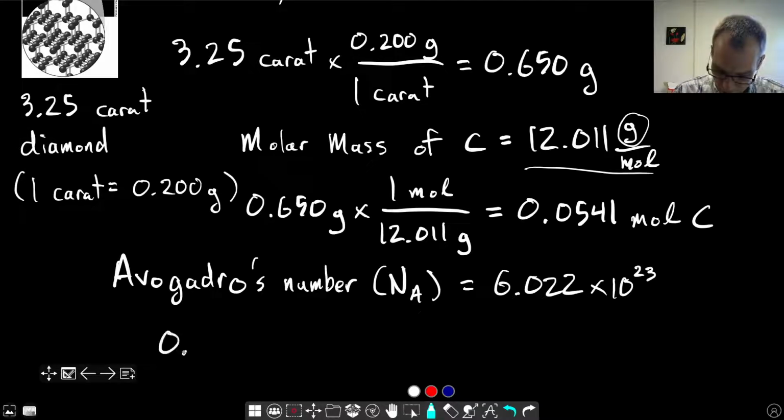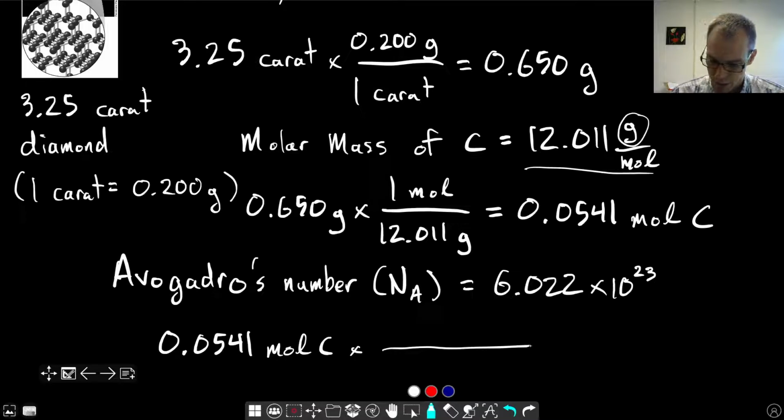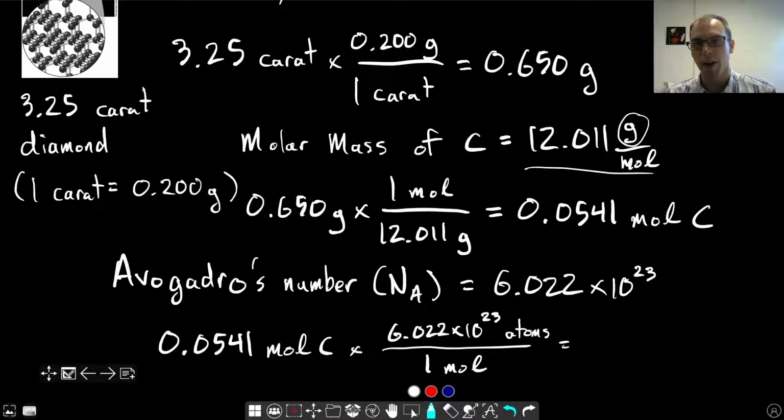So we know we have 0.0541 moles of carbon, and we need to divide by moles. So in every 1 mole, there are 6.022 times 10 to the 23rd atoms, to get to the number of carbon atoms. Now, how did I know to put it this way and not the other way around?